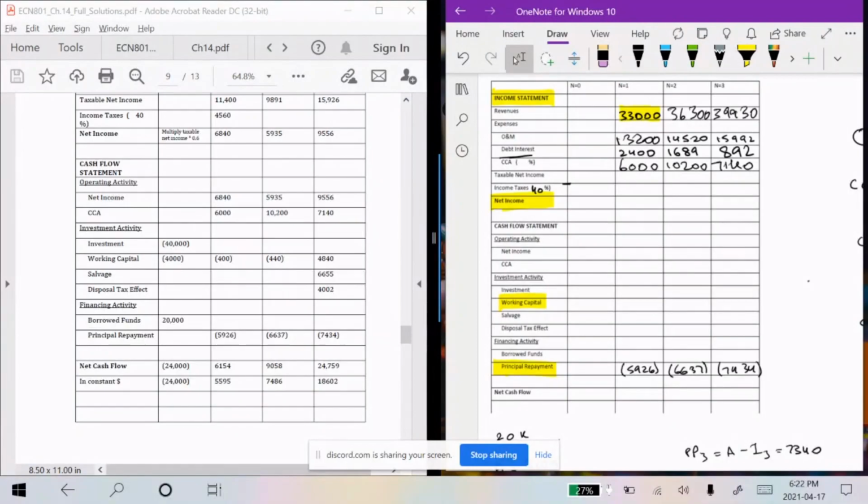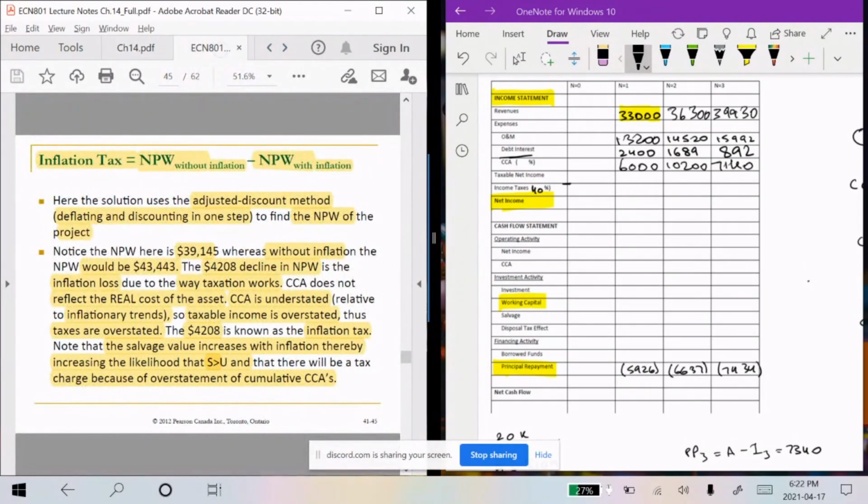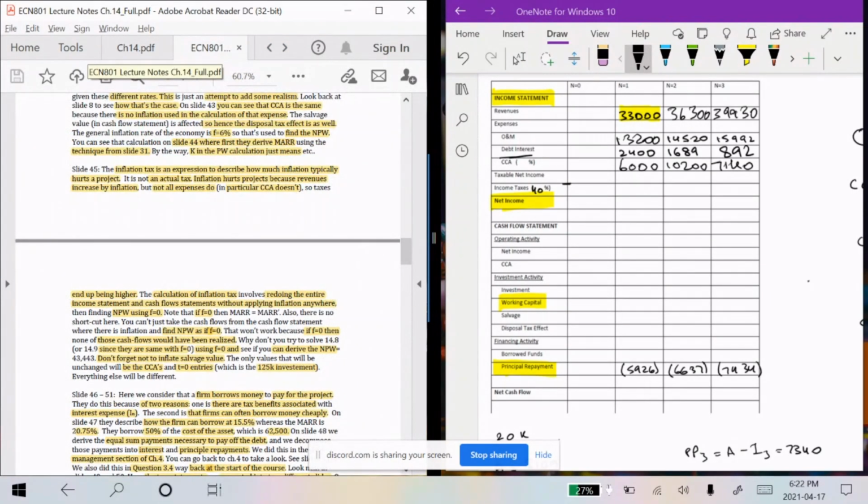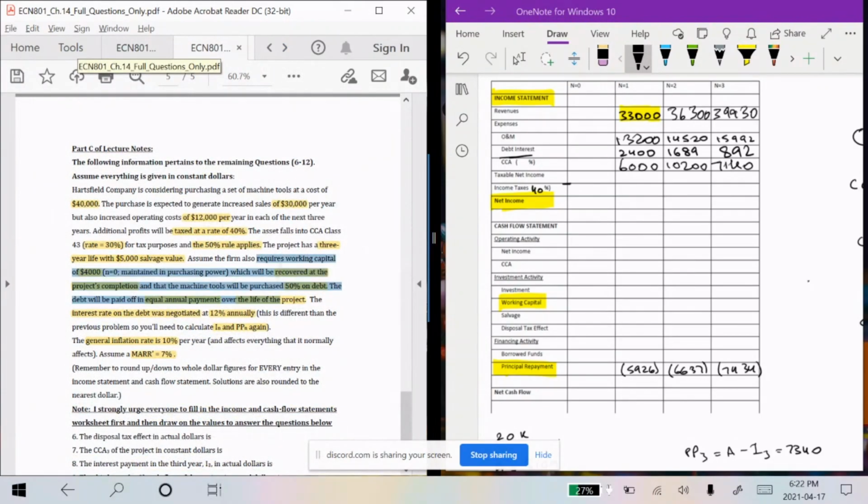Okay. Also, the borrowed funds is how much we are borrowing from the bank, and right here it said no, not this one. Okay, it said that we're going to be using purchase 50% on debt. So 50% of the initial amount, that is 40,000, is going to be 20,000.